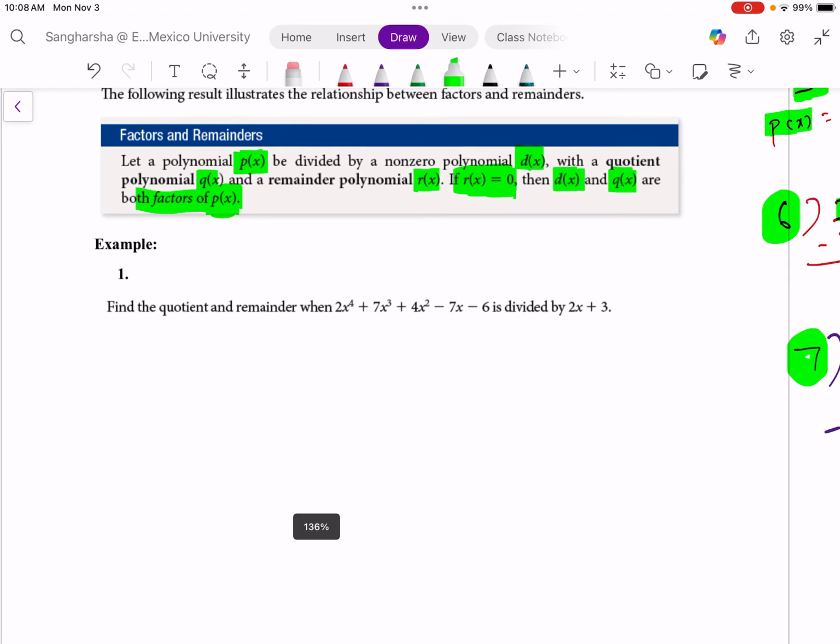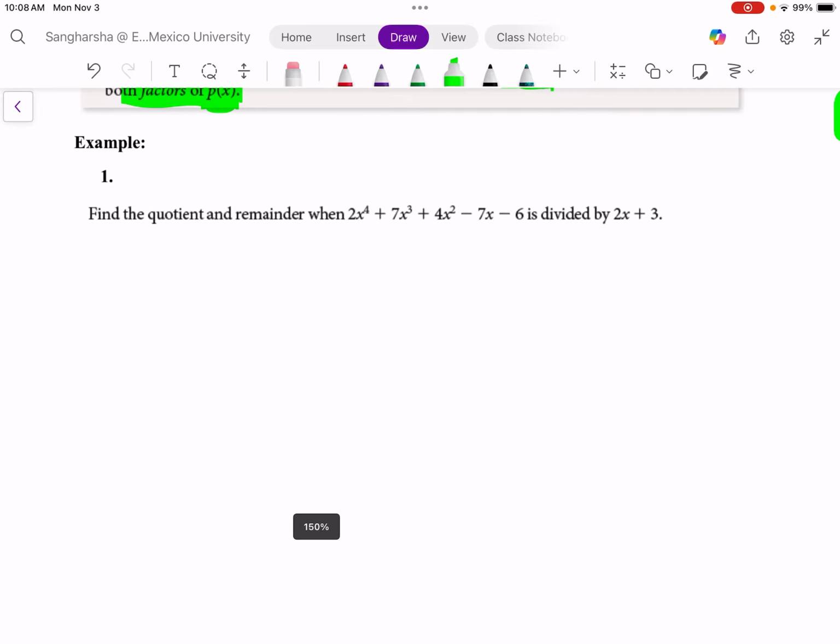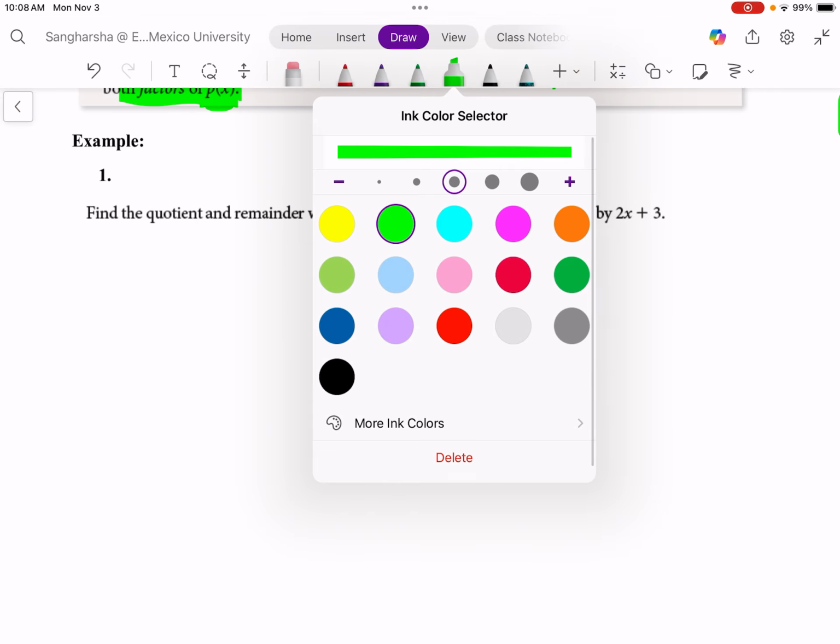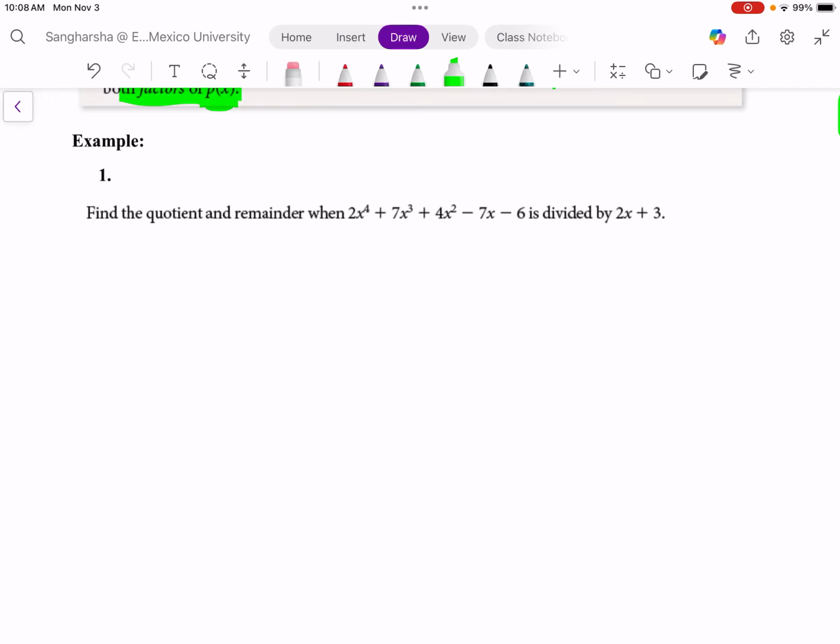Okay, now here we have a specific example. We have to find the quotient and remainder when 2x to the power 4 plus 7x cubed plus 4x squared minus 7x minus 6 is divided by 2x plus 3. So here we have this polynomial.